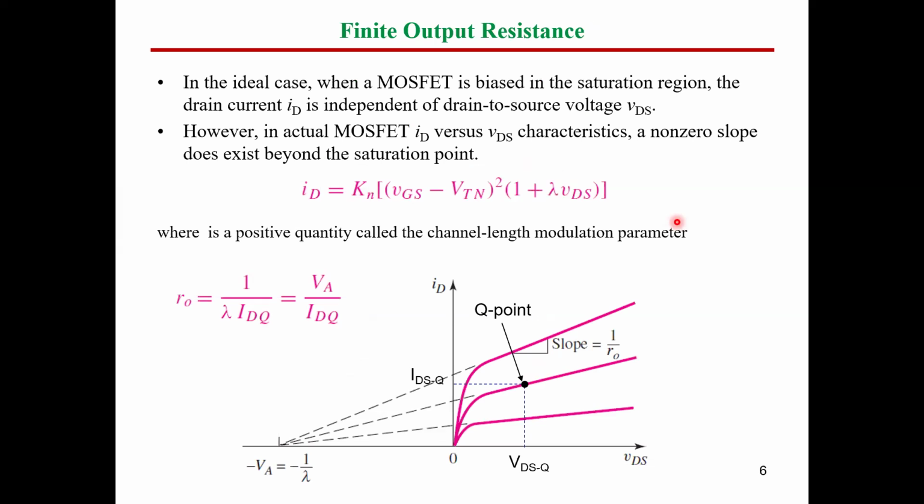Now, what is the finite output resistance? In the ideal case, guys, when a MOSFET is biased in the saturation region, the drain current is independent of drain to source voltage.